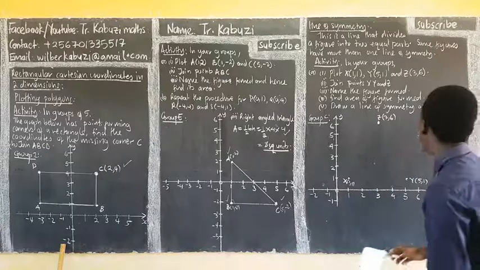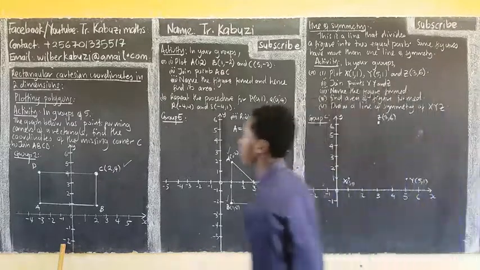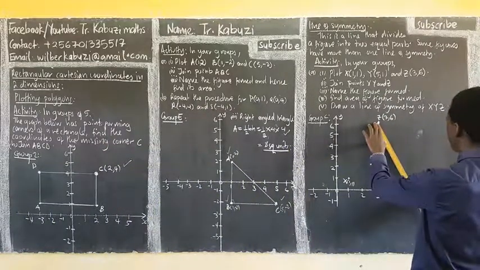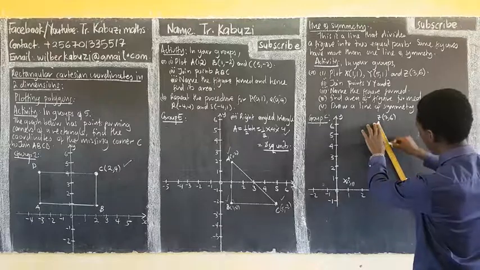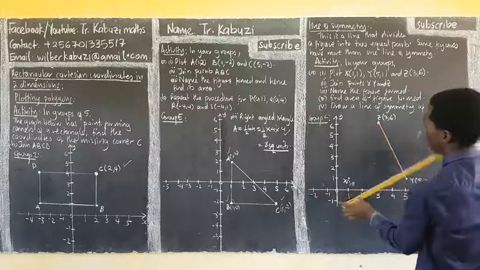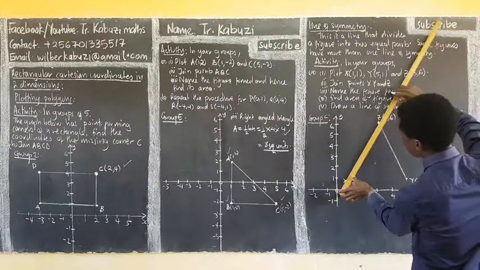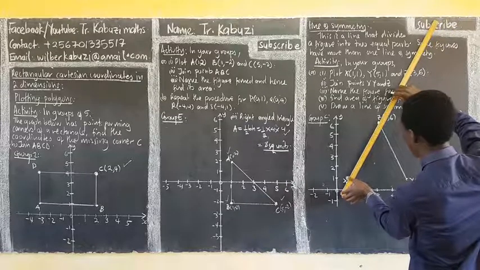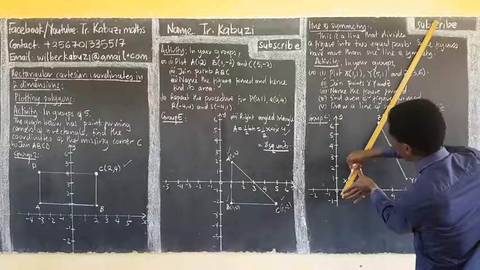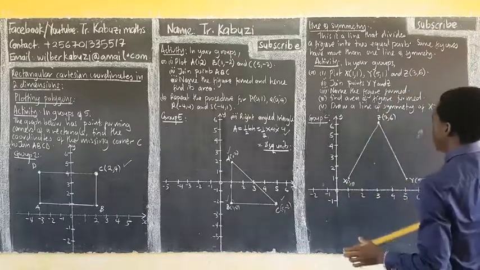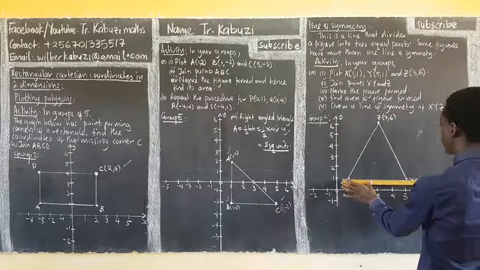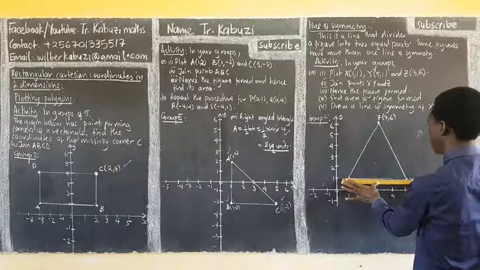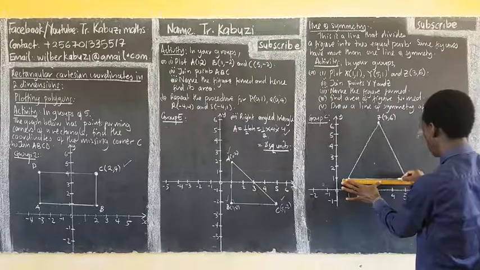Join points x, y, and z. So let us join together. I join this to this. Then I join this to this. And then I join x to y.